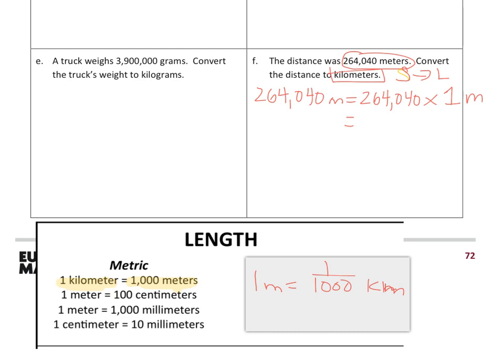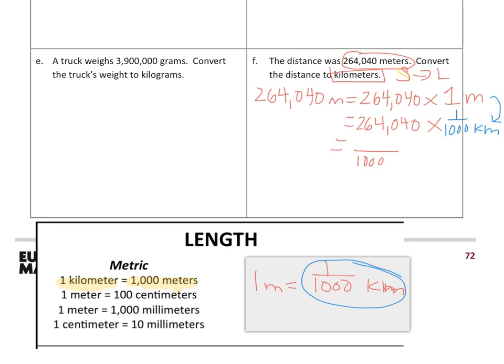Now we're going to do the second line, 264,040. And we're going to convert 1 meter into a kilometer. And we have it down here at the bottom. So 1 meter also means, as a kilometer, 1/1000th. And then following our patterns from the other problems, our denominator is going to be 1,000.